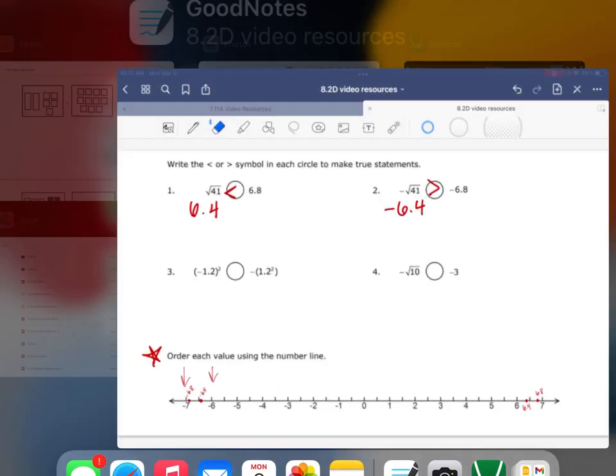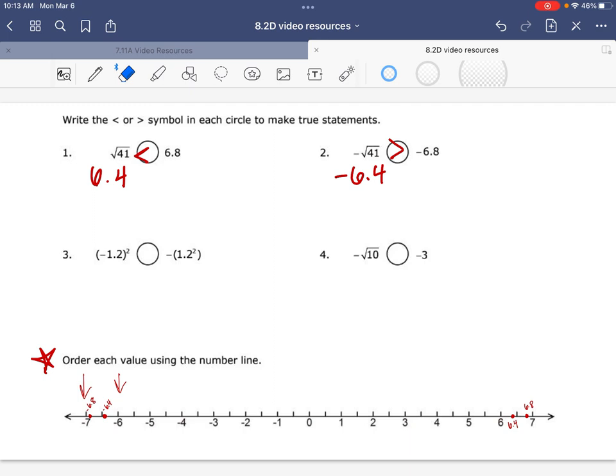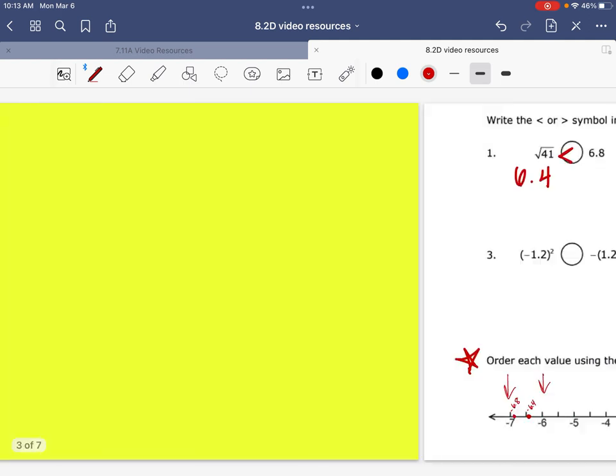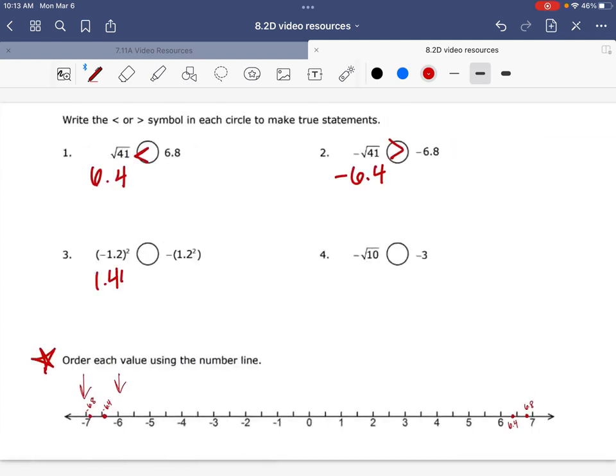So when I go back to annotate on my paper, when the negative was on the inside and the exponent was on the outside, we got that that was a positive 1.44. When the negative was on the outside and the exponent was on the inside, we got a negative 1.44. So I can go graph those. So 1.44 is almost 1.5.